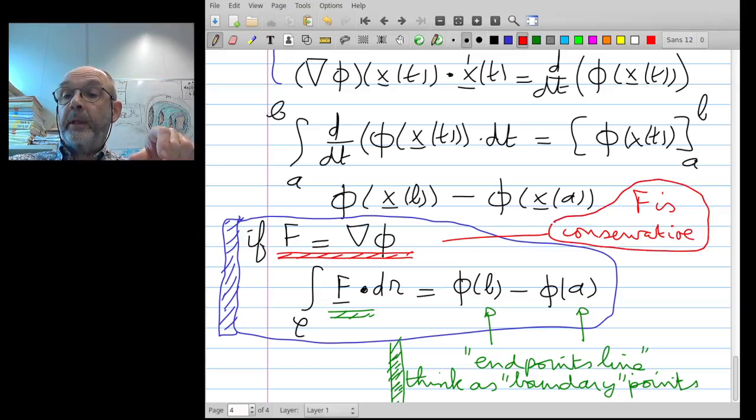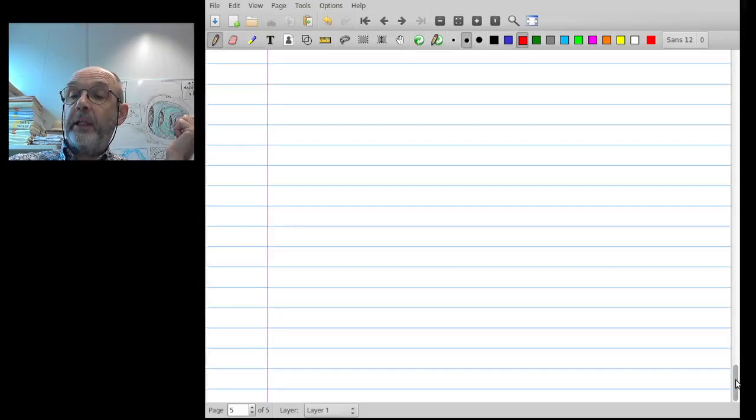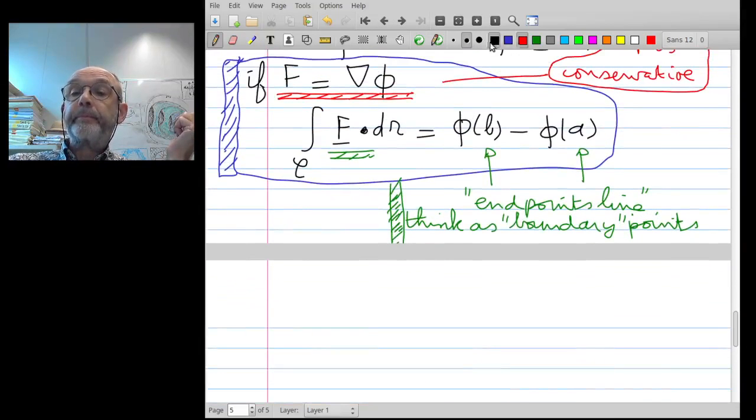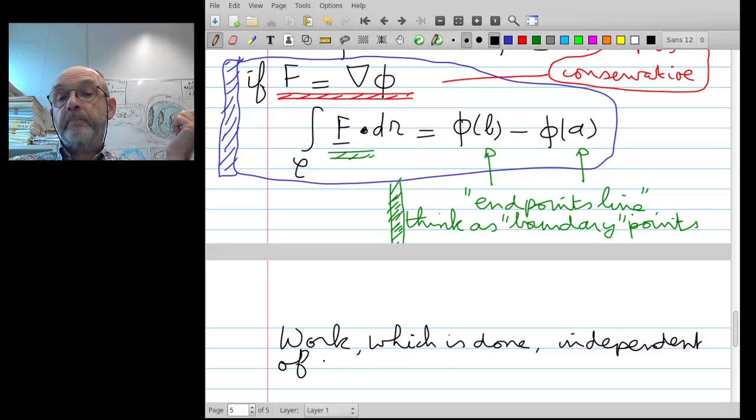And you see also that the work done does not depend on how you go from the begin point to the end point. It is independent of the way, the path, how you go from the begin point to the end point.